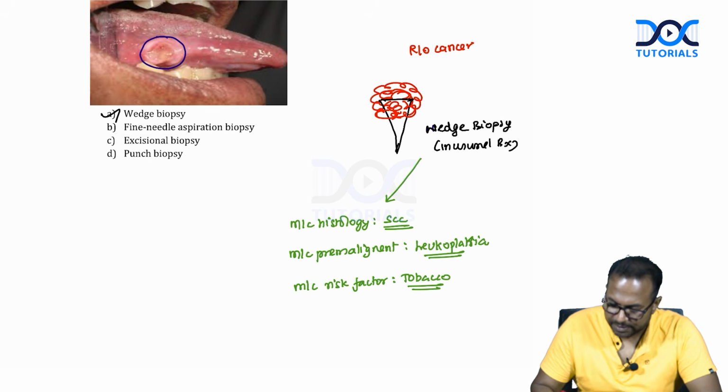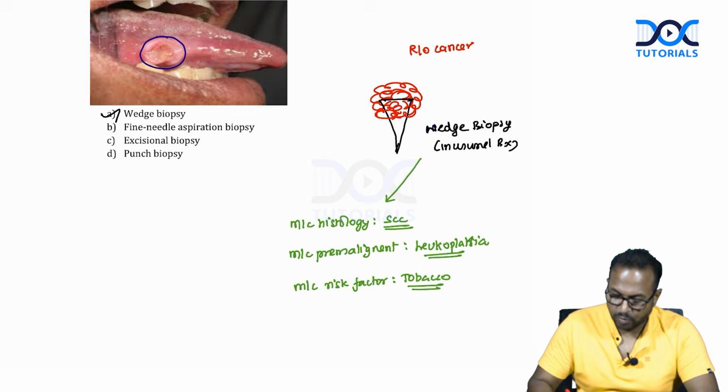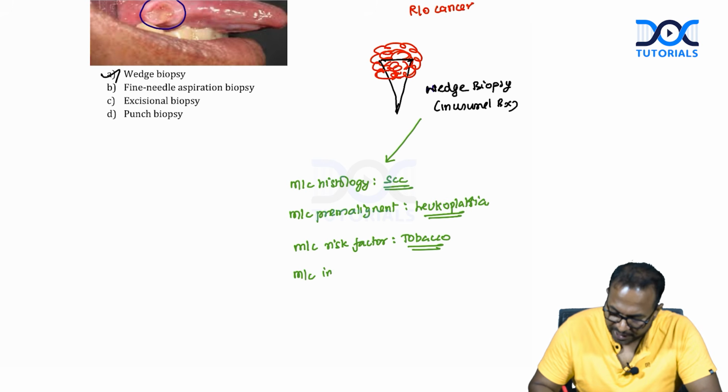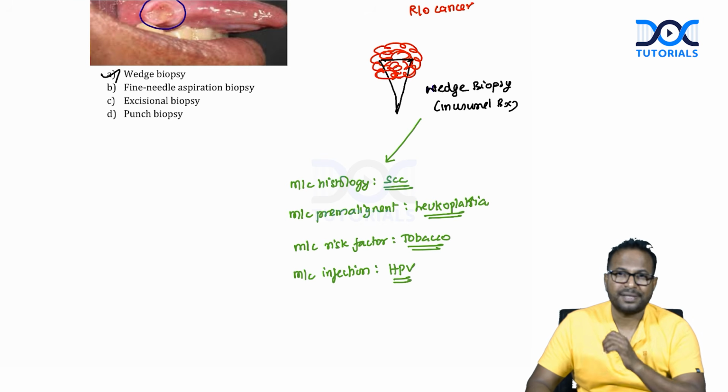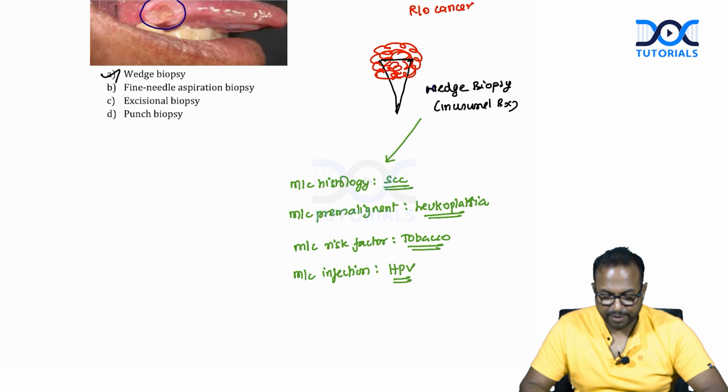Tobacco in any form is the risk factor. So don't forget, the most common infection associated with oral cancer is human papilloma virus. Human papilloma virus is one of the important reasons for seeing oral cancer in practice nowadays. So don't forget this case of squamous cell cancer.